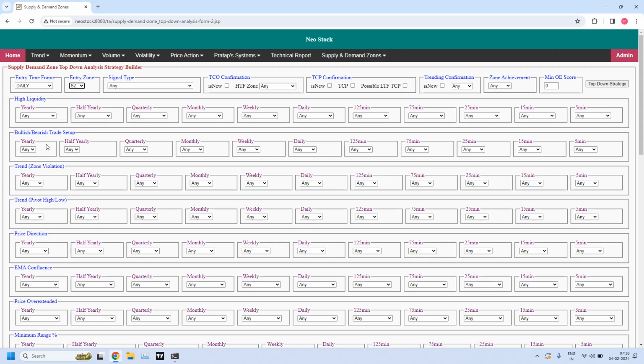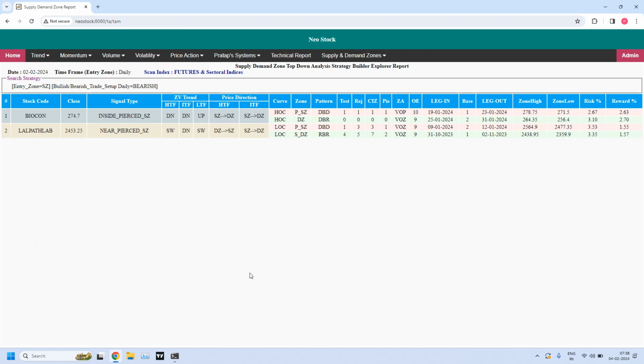For the bearish trade setup on the daily time frame, I am selecting bearish and filtering. You got only 2 stocks. Both of these are pierced zones now, so you can't plan a trade in pierced zones.